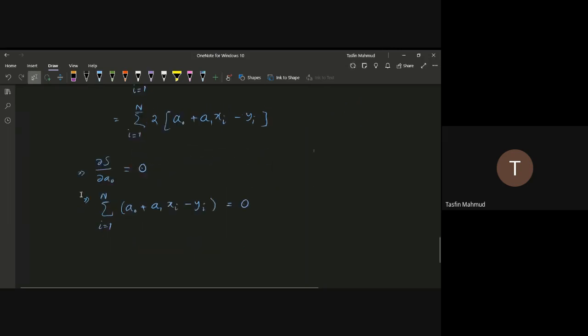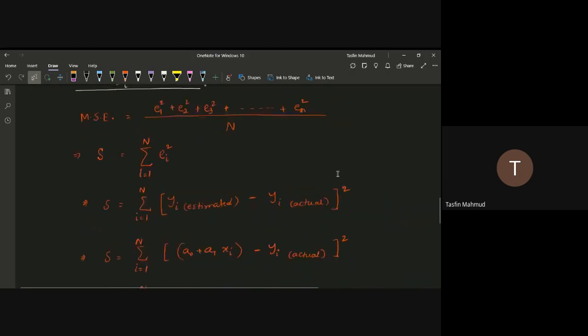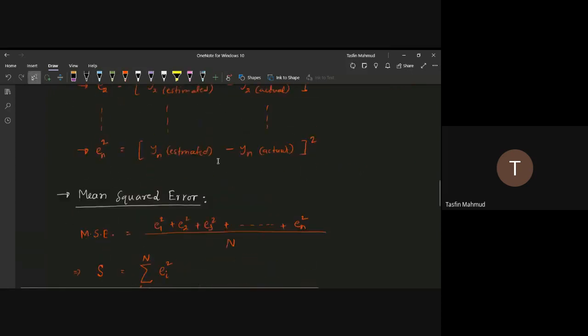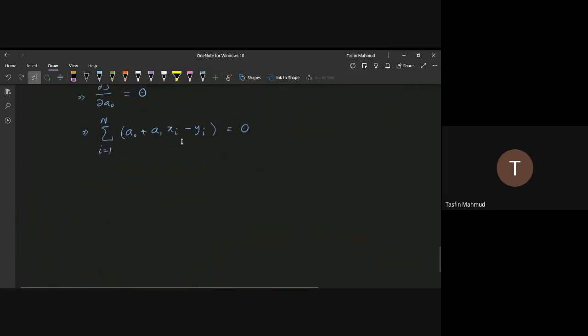And as I mentioned, our main task is to find a naught and a1. We have to determine a naught and a1 to actually have this straight line. So we want to determine a naught and we want to determine a1, the coefficients for this straight line. So we will form an equation.